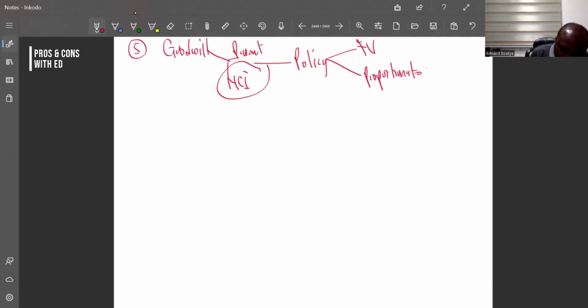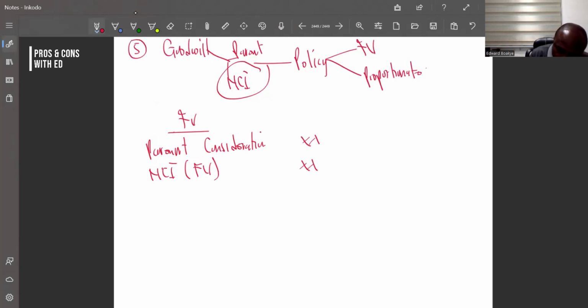So in talking about fair value, the idea is going to be parent consideration plus the NCI fair value or NCI consideration. Then we compare this.